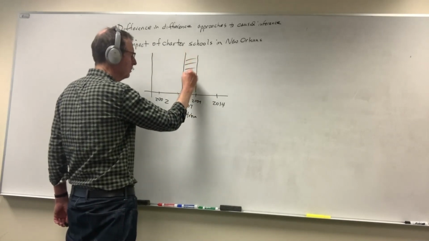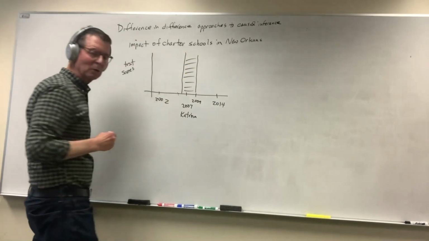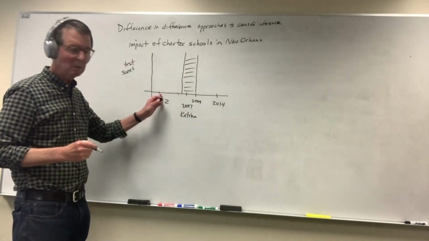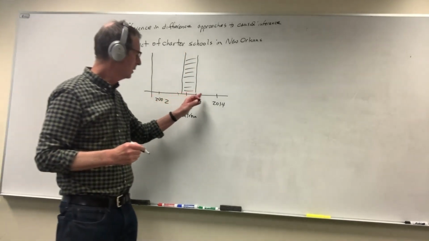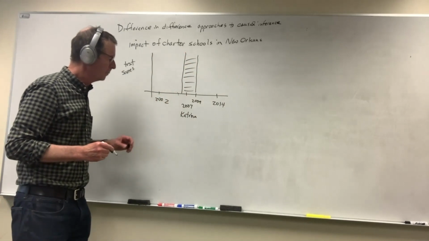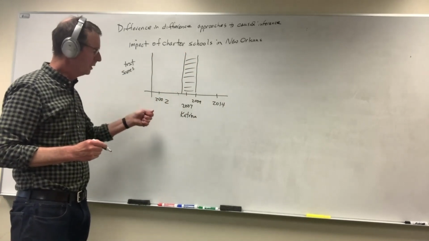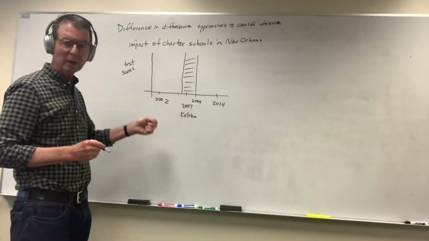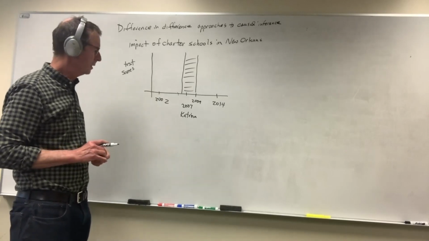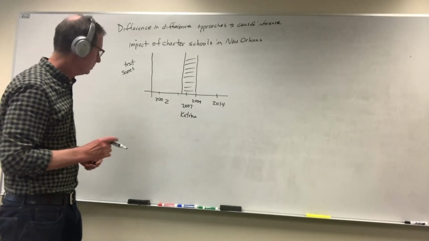So this is not going to be a period where you take test scores, but before, down to 2002, is going to be a period where you take test scores, and after 2009 is going to be a period when you take test scores. So in the policy brief, not only are there test scores, there's high school graduation rates, there's college attendance. So you can look at all those things.